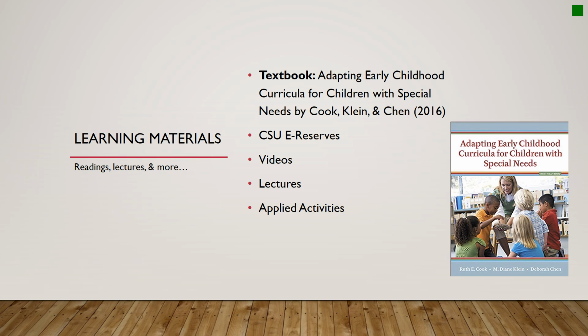I want to point out that students are able to use the e-text or the hard copy, whichever they prefer. And this textbook is really great as it specifically focuses on adapting curriculum in the educational setting, emphasizing more of that 3 to 8 year old window. However, we're going to have lots of opportunities to emphasize that 0 to 3 age range as well.